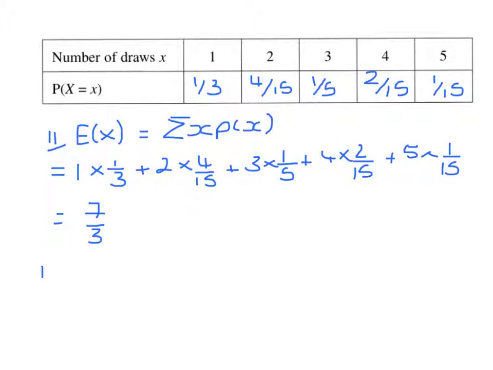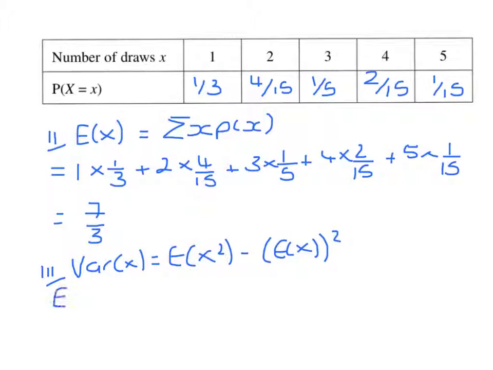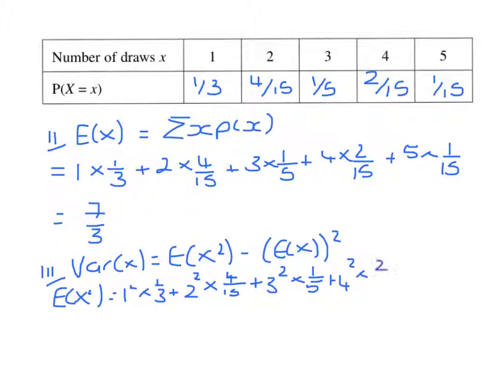Part 3 then, the variance, and the variance of x is the expectation of x squared minus the expected value of x all squared. So the expectation of x squared will be 1 squared times 1/3 plus 2 squared times 4/15 plus 3 squared times 1/5 plus 4 squared times 2/15 plus 5 squared times 1/15.